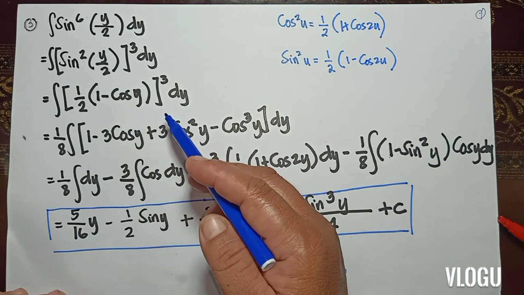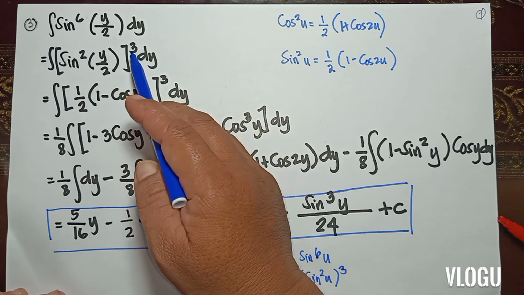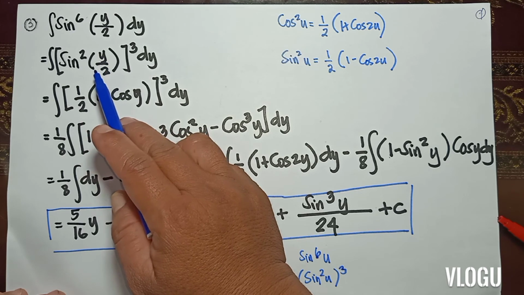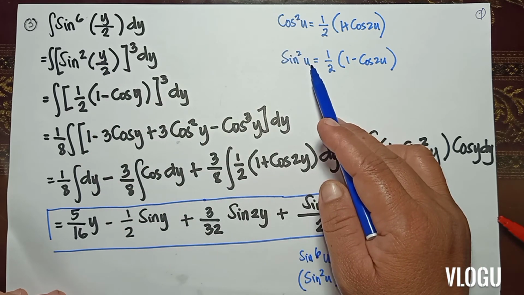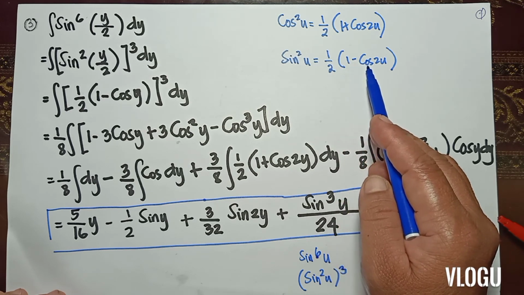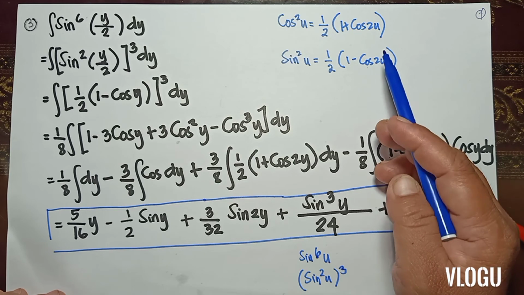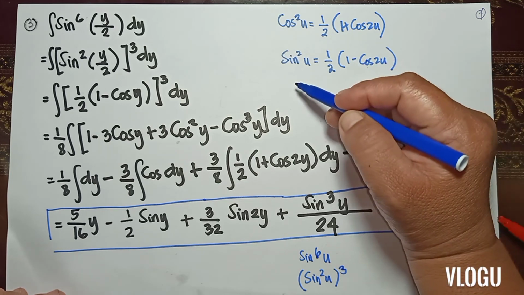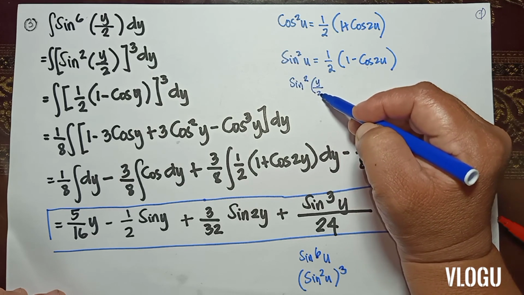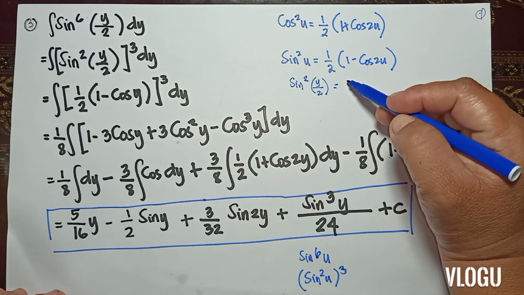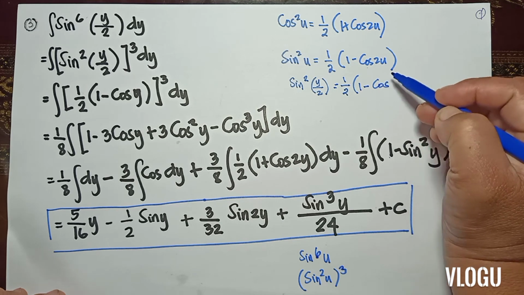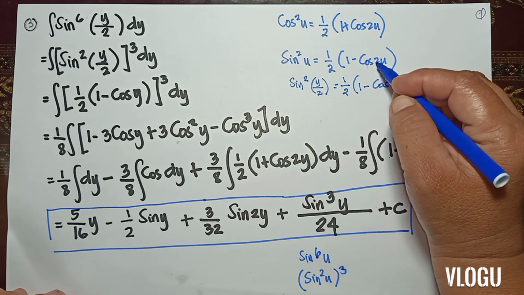So if we are going to multiply this by cube, you will have sine squared y over 2. Transform that first to sine squared u, that is equal to 1/2, 1 minus cosine 2u. In our given, we have sine squared y over 2, so that will be transformed into 1/2, 1 minus cosine 2 times u.